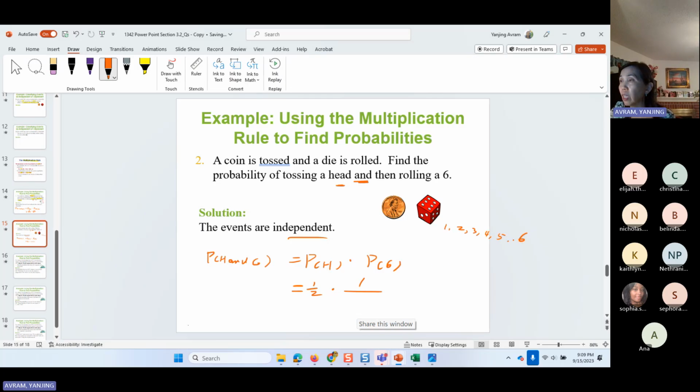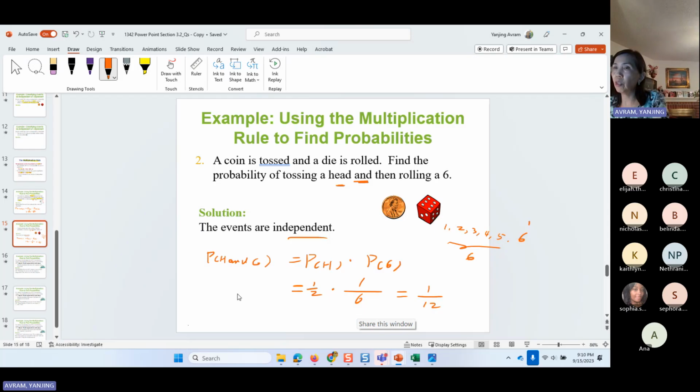The probability of getting a 6: I have 1, 2, 3, 4, 5, 6, so there's only one 6 out of a total of 6. Multiply these two together and we have 1 out of 12. So you have a 1 out of 12 chance that you toss a coin and roll a die and get a head and then a 6.